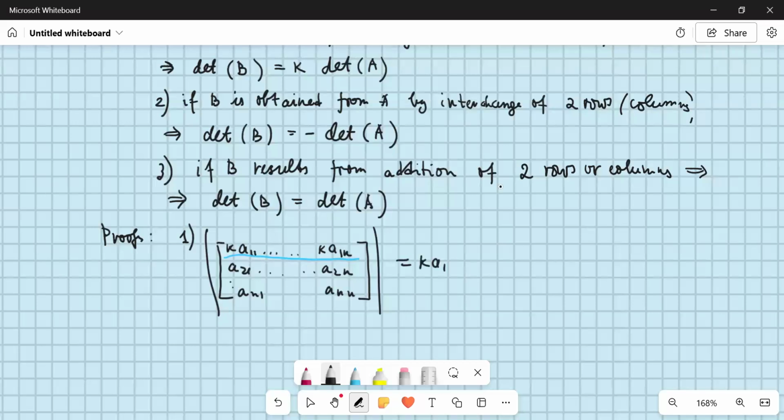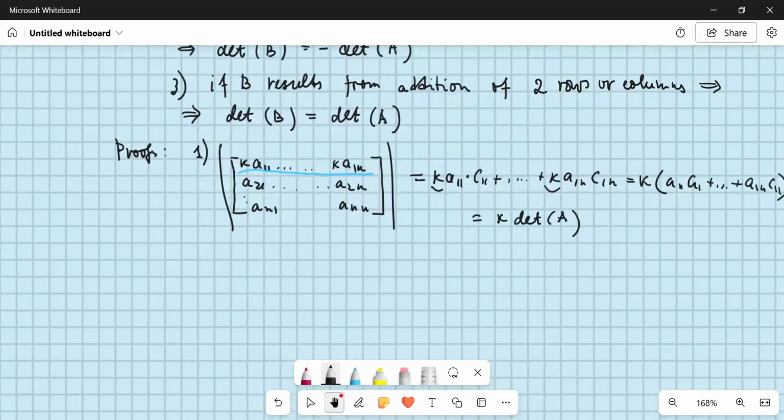So K, A11 by C11 plus K, A1n by C1n. The rest of the matrix does not know anything about multiplication, so all C's are going to stay the same. The only difference is that we are going to have an extra K factor in front of each term here. So we take it outside. We are going to just get a standard determinant of matrix A. So that's going to be K, determinant of matrix A.